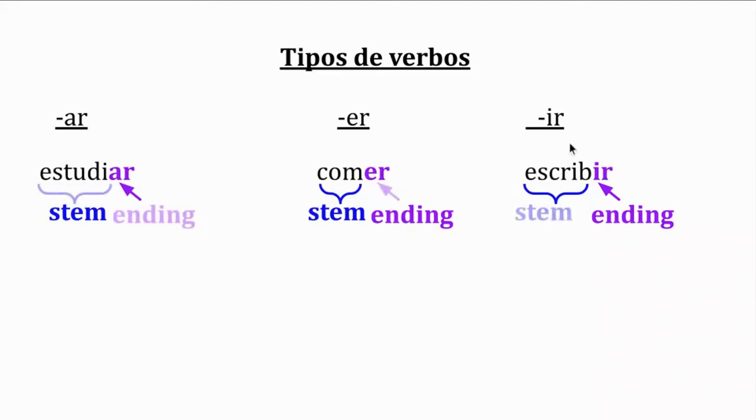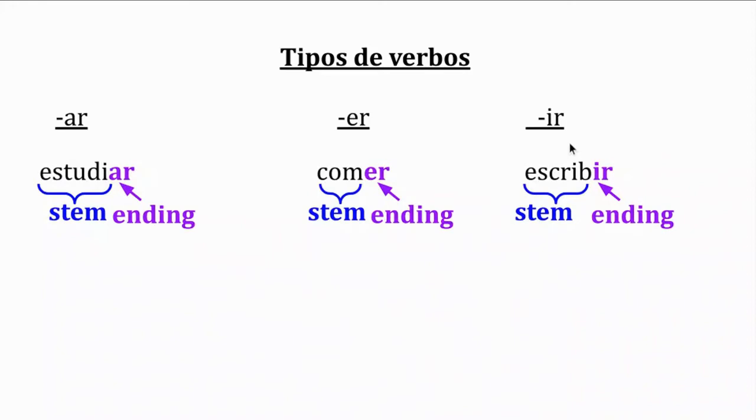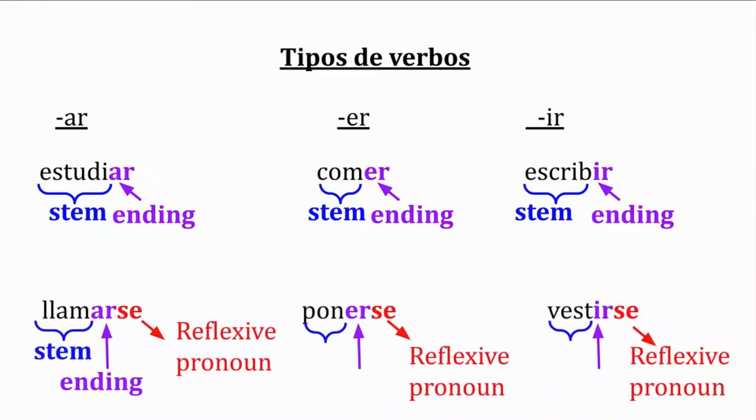Also, we have learned that some verbs can be reflexive, and you can identify them by that reflexive pronoun attached at the end of the verb in the infinitive form. Here are some examples: llamarse, ponerse, vestirse.